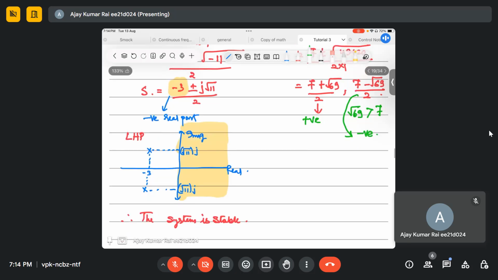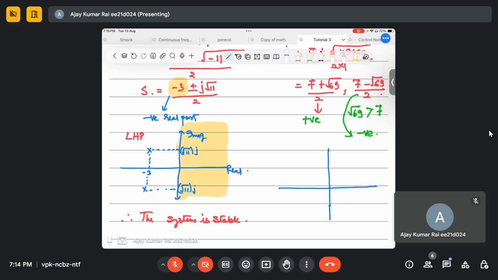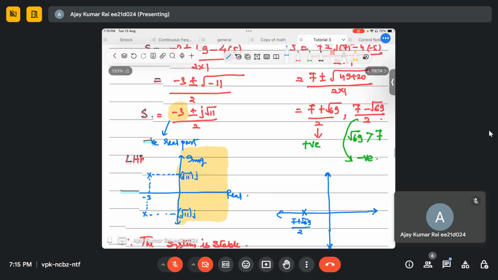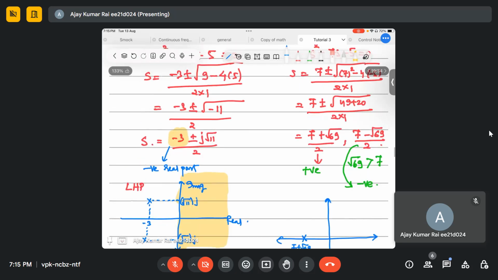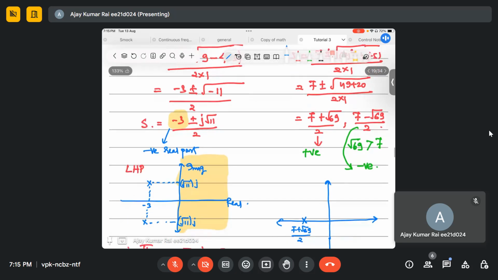So if you plot this in the complex plane, one root will be here, this is 7 plus root of 69 by 2. Sorry, I've made a mistake here. So this will be positive, negative.